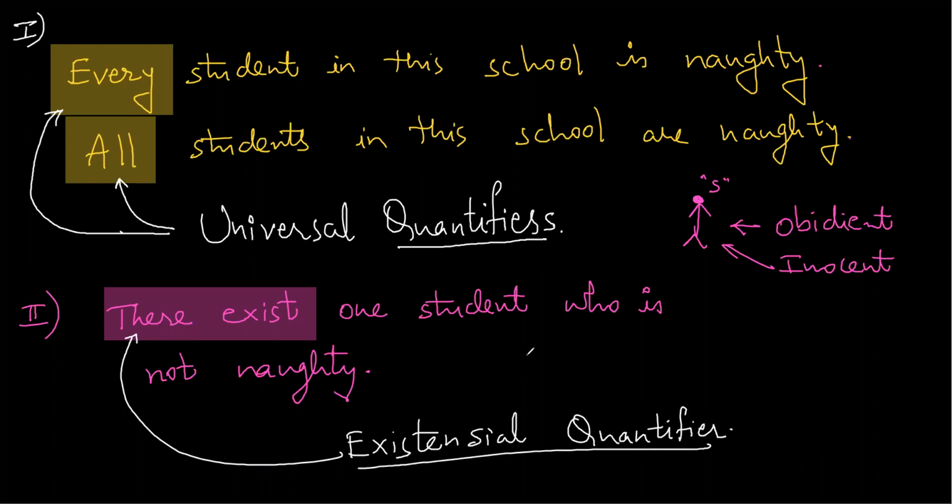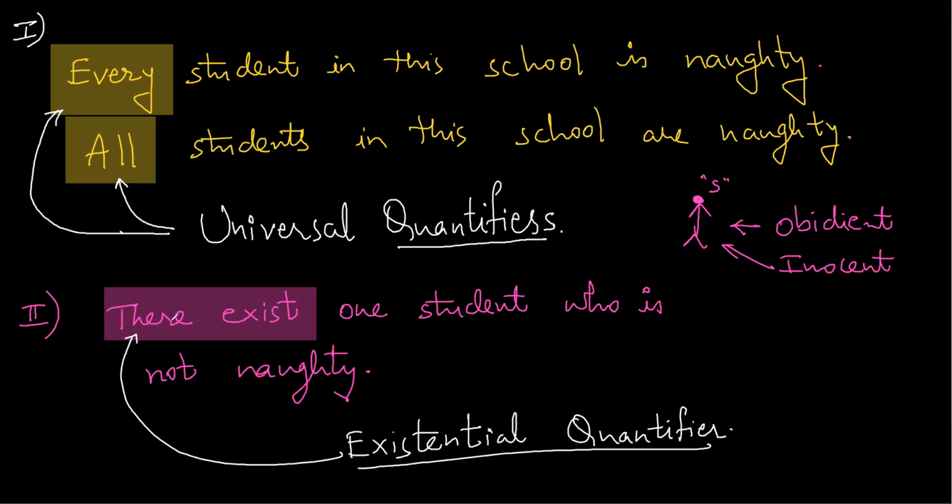So two types of quantifiers you have here: one is universal quantifier and the other is existential quantifier. Let me correct the spelling. It is existential, E-X-I-S-T-E-N-T-I-A-L.